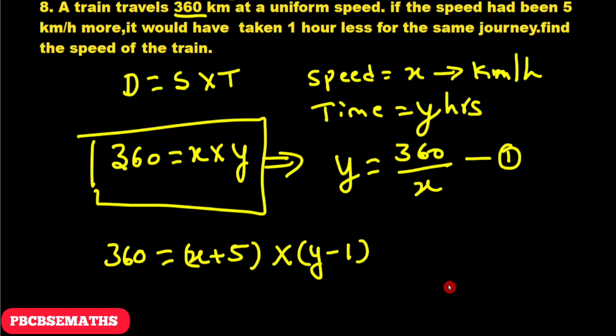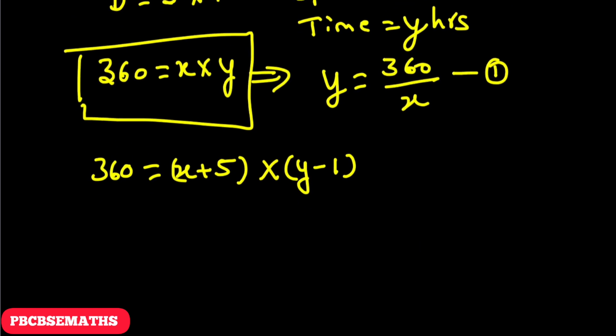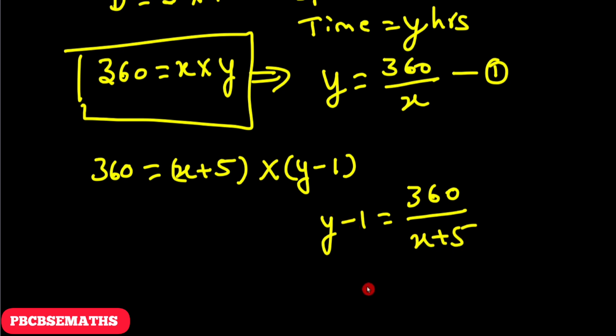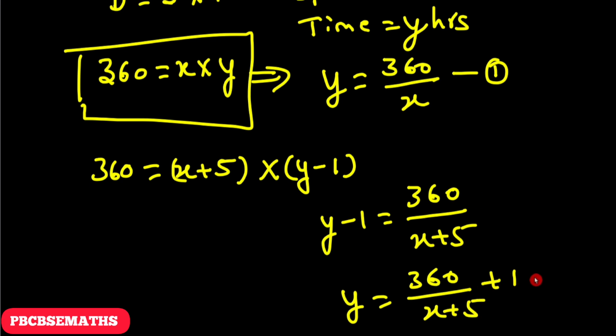So in other words we can write this as y minus 1 equals 360 by x plus 5, and let's shift this minus 1 to the other side of the equal. Then we have y equals 360 divided by x plus 5, plus 1. This minus 1 becomes plus 1.